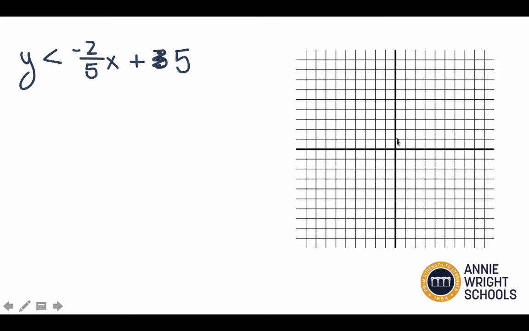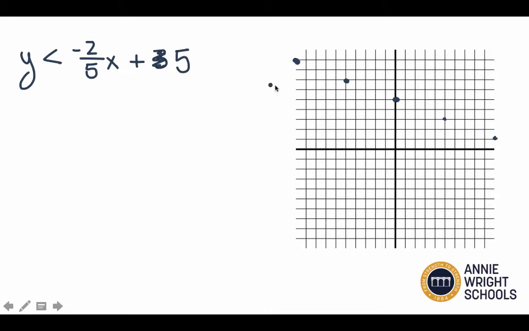If you pause the video, you should have started by going up to +5, putting a dot there, then going down 2, over 5. Up 2, backwards 5. You don't have to do that across the whole thing. I'm just showing you multiple points.